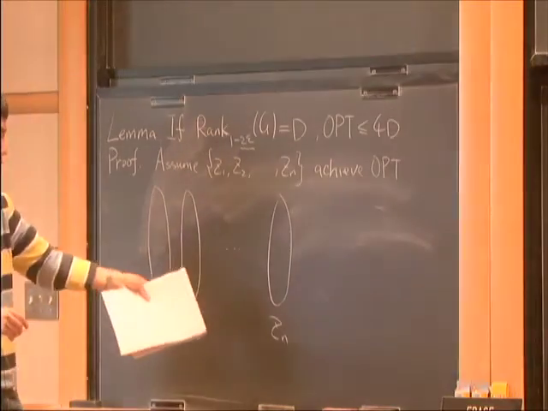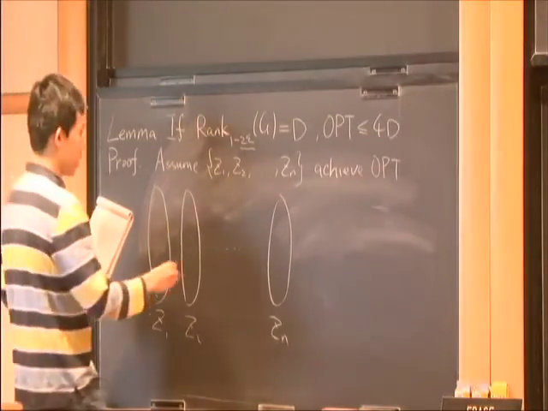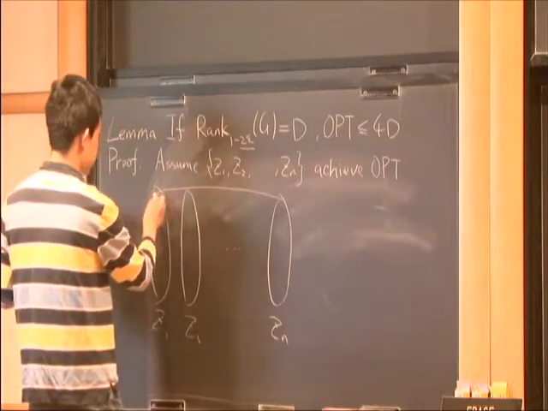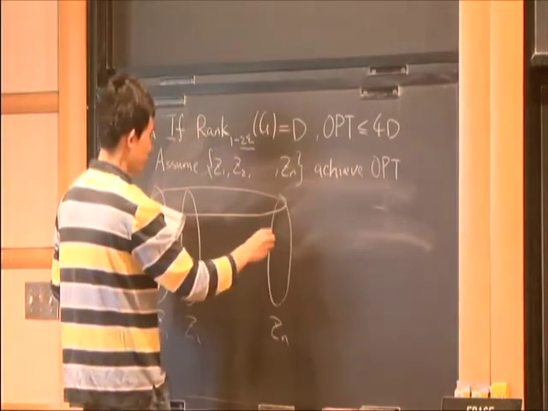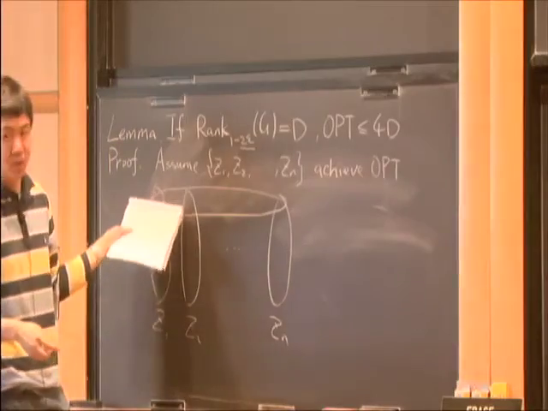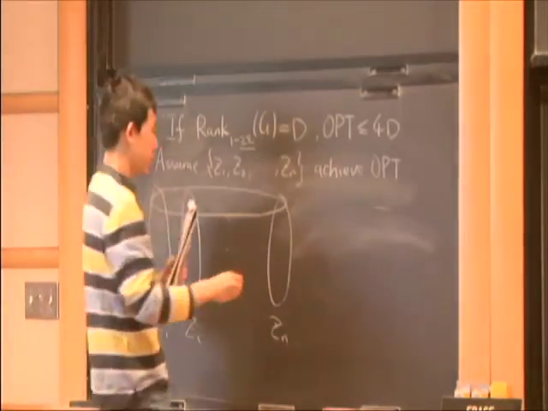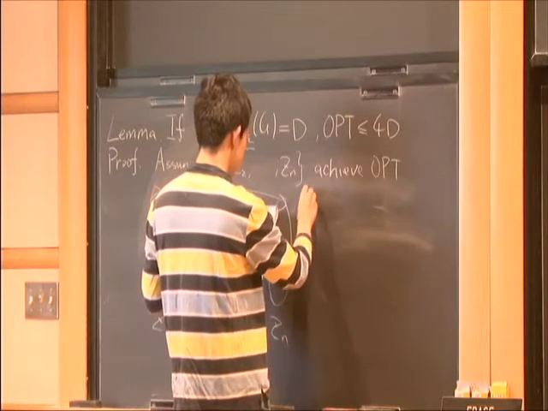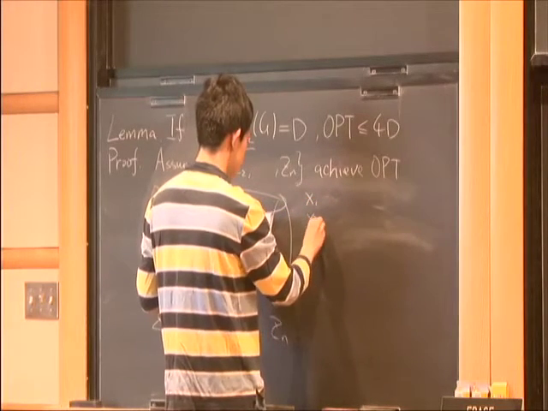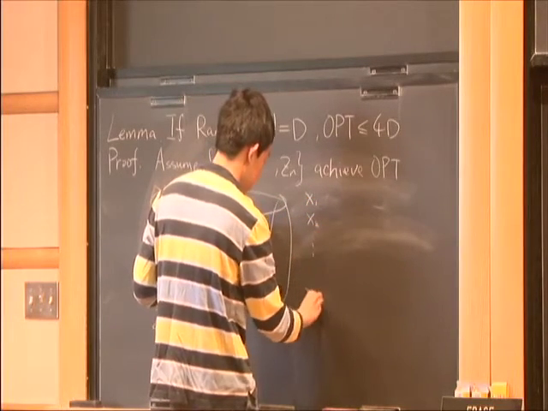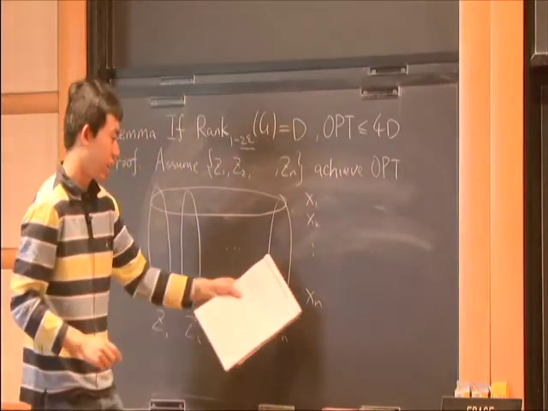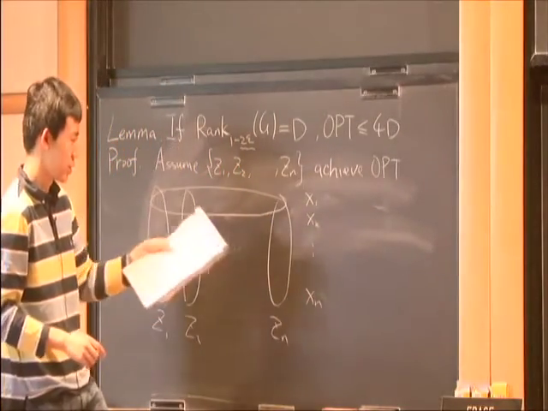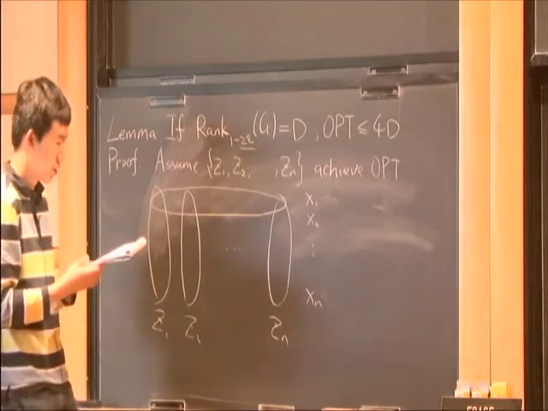So these are these, and then we look at the row vectors. So we call them x_1, x_2 up to x_n. This n is actually not important, but n is always enough.